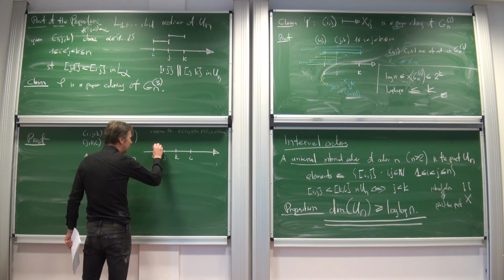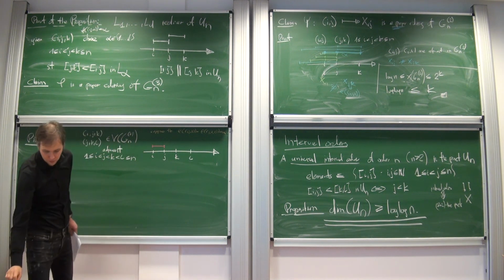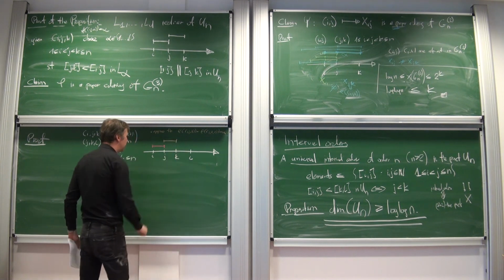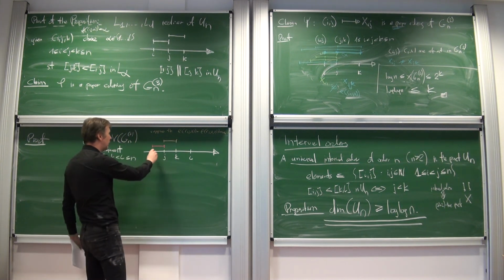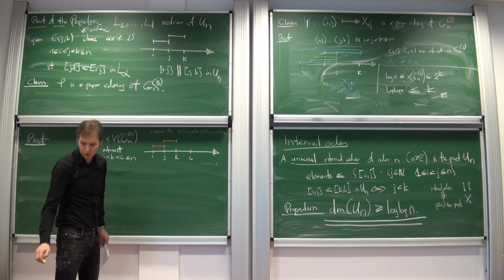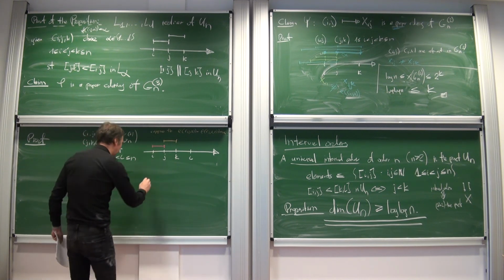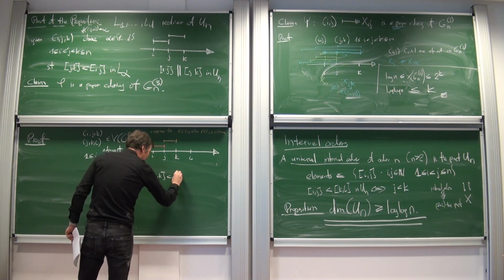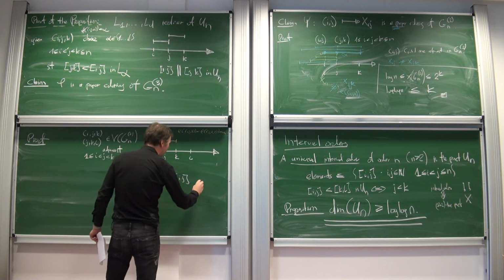Well, if you take ij and you take jk, then from the fact that phi of ijk is alpha, we know that jk is less than ij in L alpha.